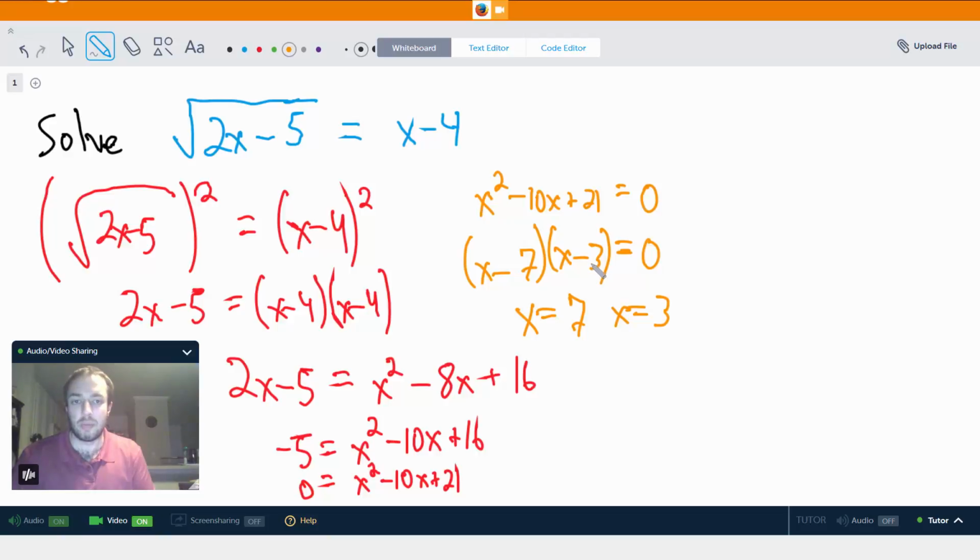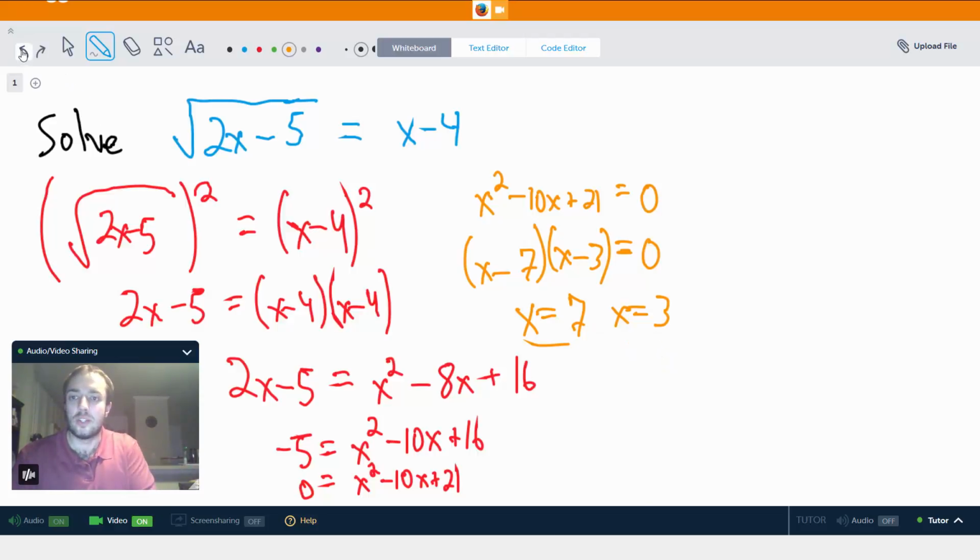Really, any type of equation in general, we should be careful, but especially with types of equations like this, because we had a step near the beginning where we squared both sides. And when you do that, it's very possible and pretty likely that you're going to introduce extraneous solutions. So what that means is we're going to introduce a solution that looks like it might work because we obtain it at the end, but it's actually not going to work.